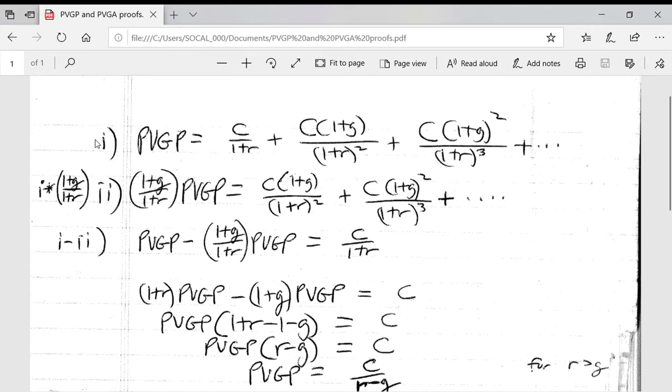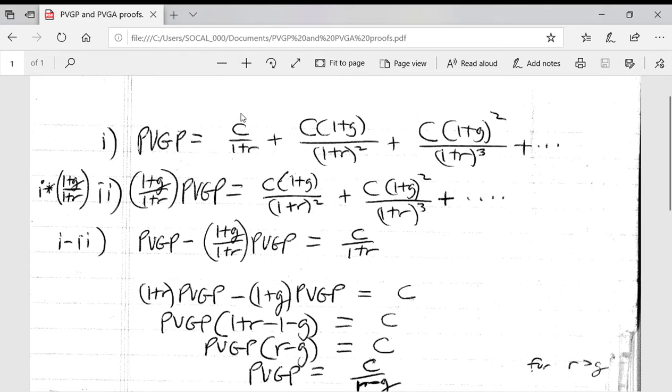So we start off with equation 1. Present value of a growing perpetuity is equal to the cash flow at date 1 divided by 1 plus the opportunity rate of return r.